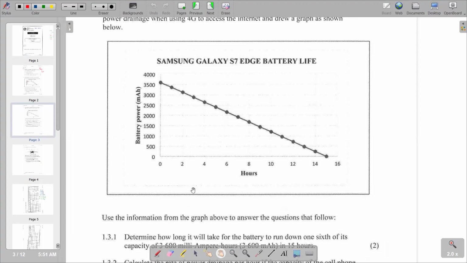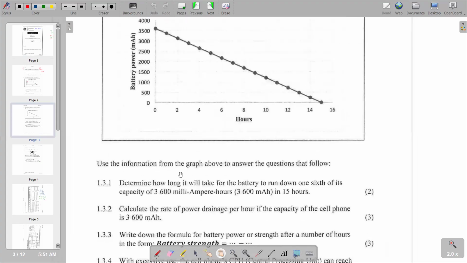Use the information from the graph above to answer the questions that follow. 1.3.1: determine how long it will take for the battery to run down 1/6 of its capacity of 3,600 milliamp hours, that is 3,600 mAh, in 15 hours.